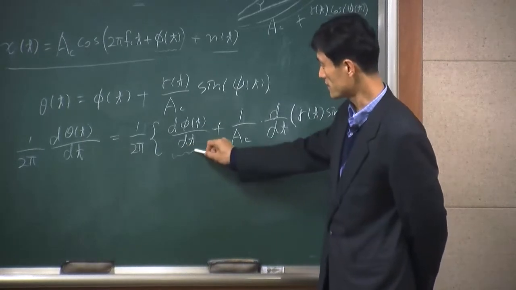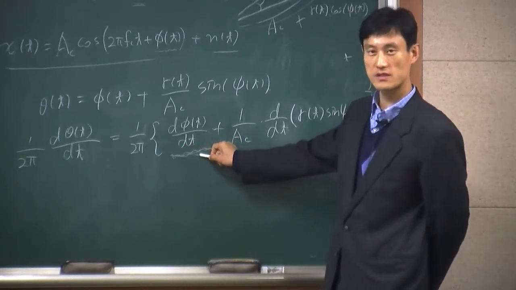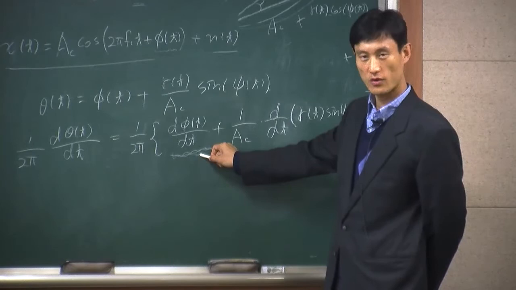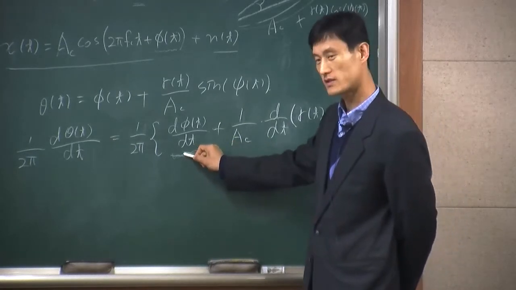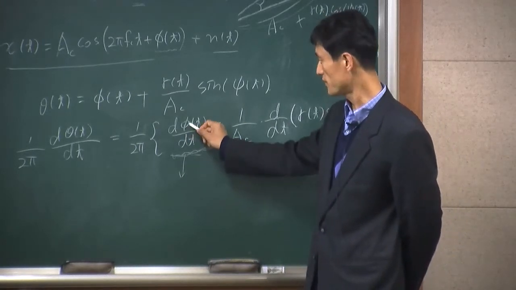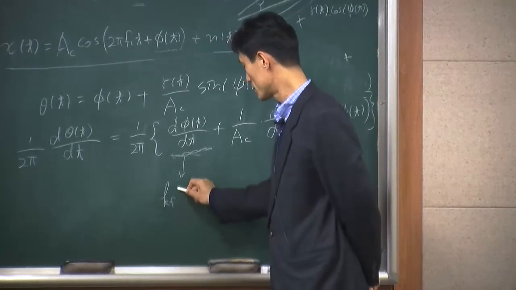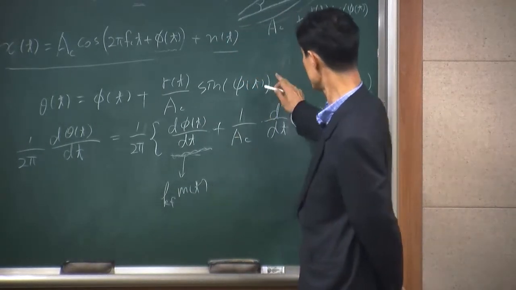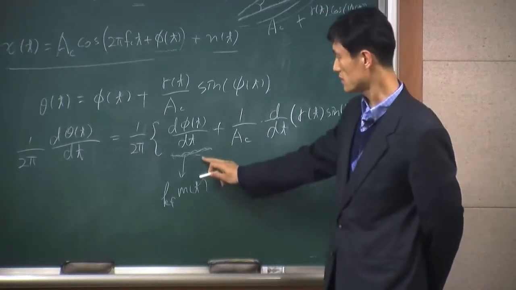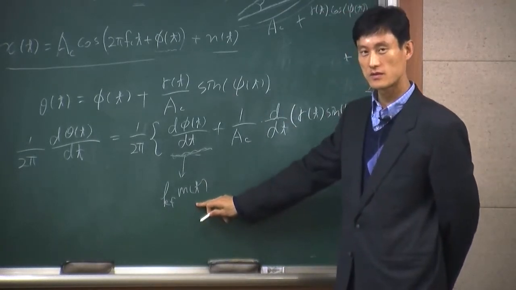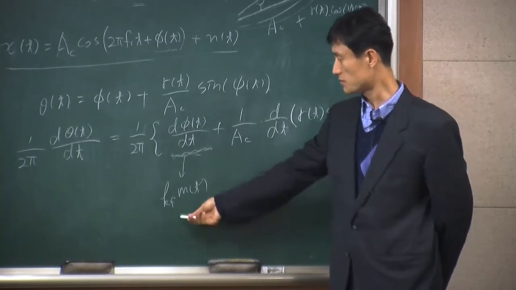This part is easy because this is the signal part. We already did that before. So what is the d phi/dt? This is k_f m(t). I just did that, right? So we know this one simply goes into here.